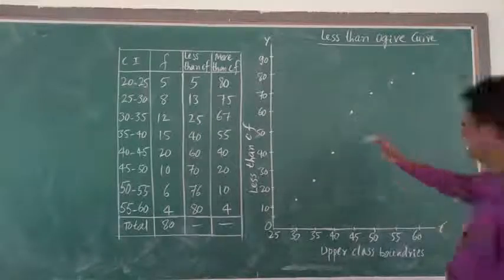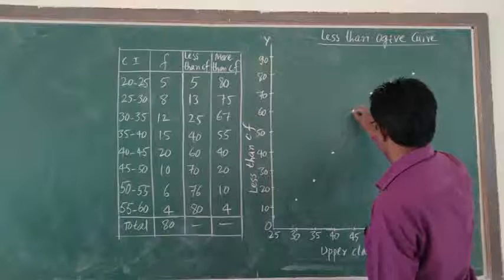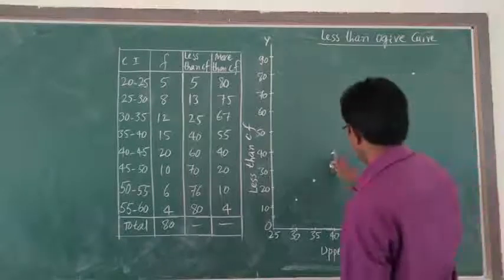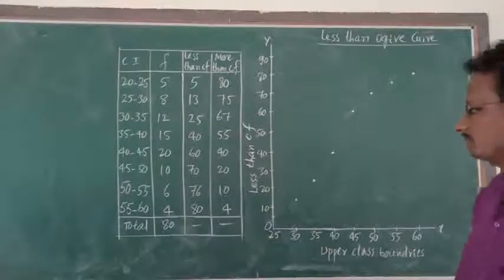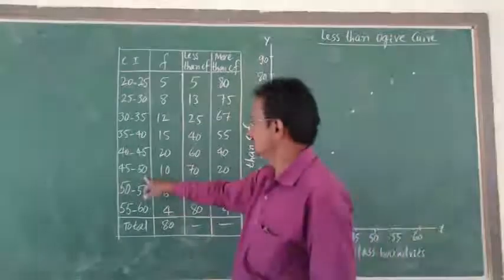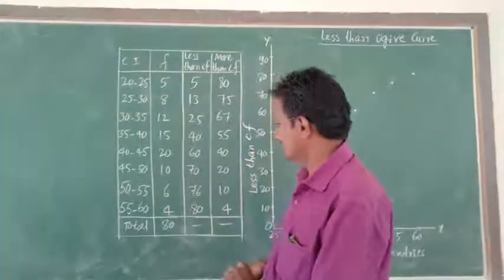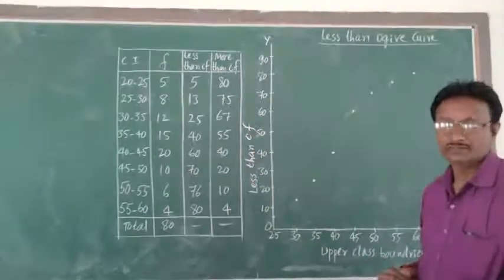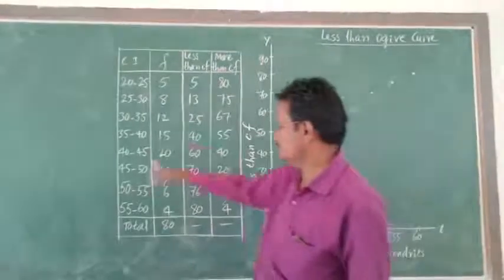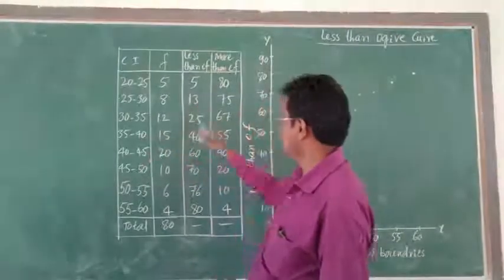So here we have marked the points corresponding to upper class boundary and less than CF.